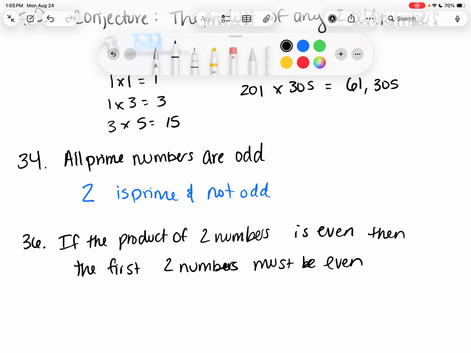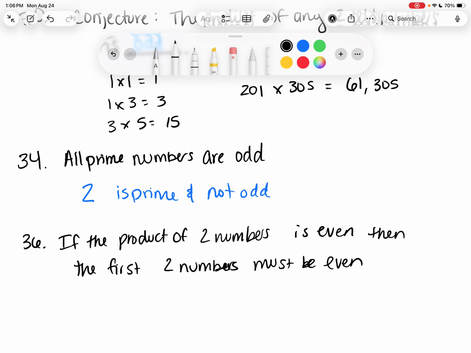So that's saying if I multiply two numbers together and it's even, then the two numbers that I multiply together have to be even. So can you think of an example where that's not the case?